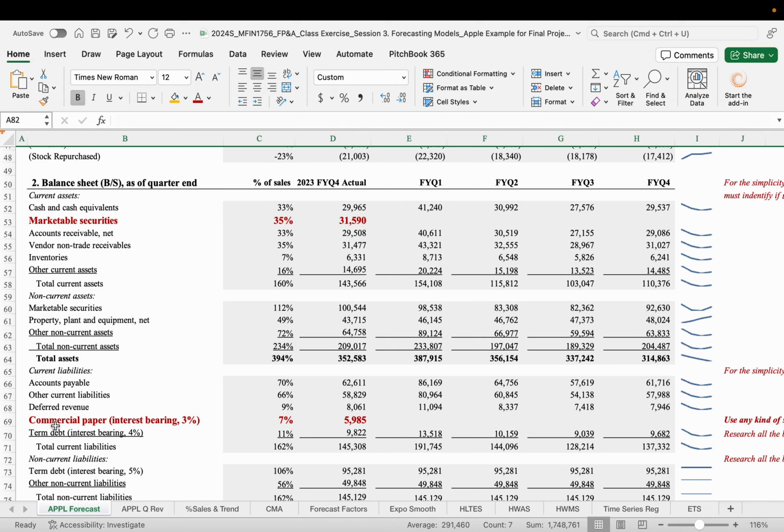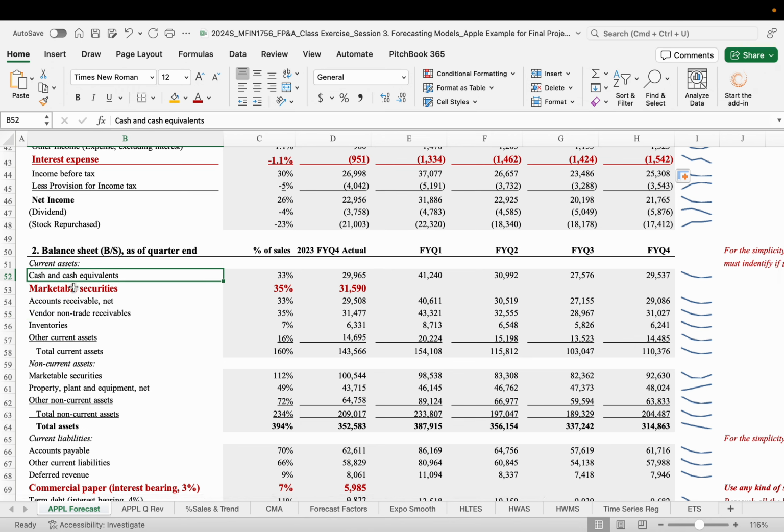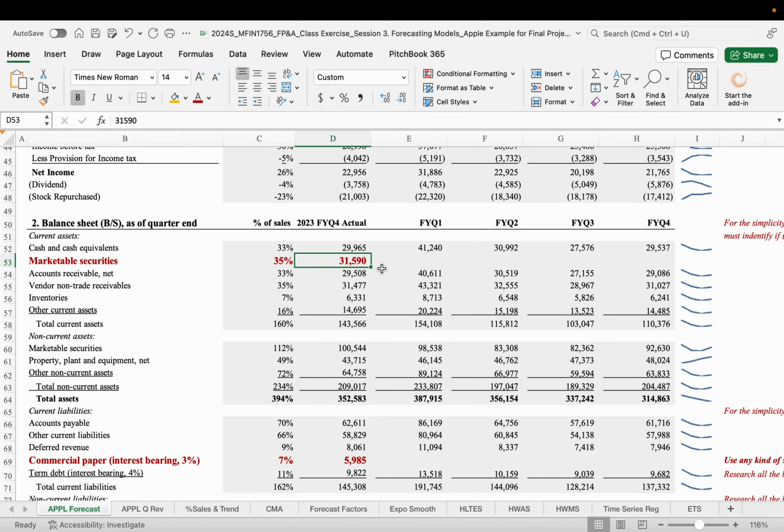If your company doesn't have a commercial paper, you can just include commercial paper in your template as well, right? Here, we might use just the cash instead of marketable securities. But yeah, let's practice. Marketable securities is also one of their investment tools, right?